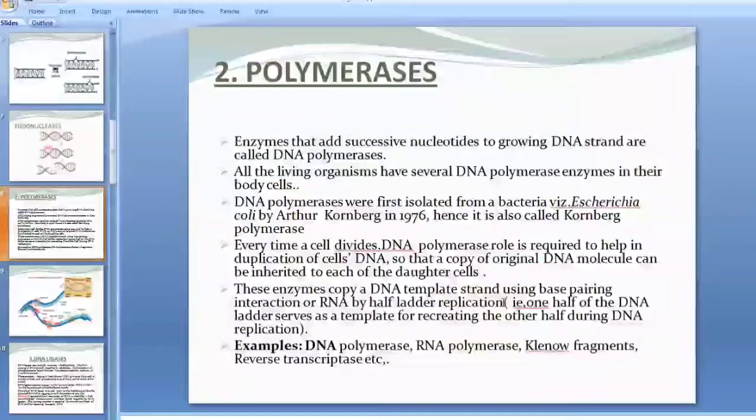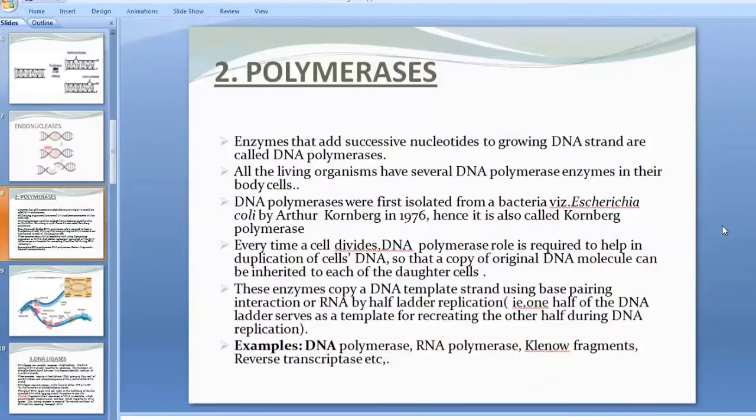What does it mean? One half of the DNA ladder serves as a template for recreating the other half during DNA replication. That means the DNA molecule, the double helical structure, is a ladder-like structure, no?